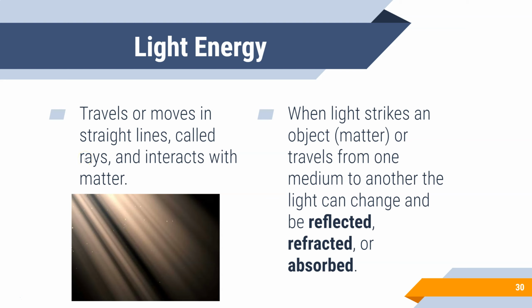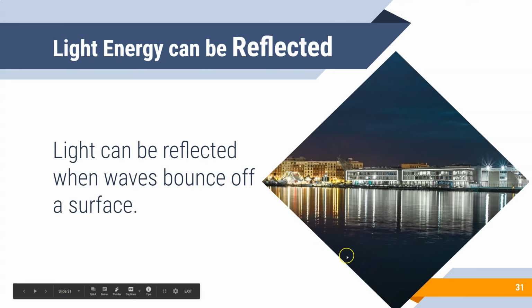So when the sun shines down on Earth, it's actually shooting out all these different sun rays, right? And when an object gets hit with some light energy, the light can actually change and be reflected, refracted, or absorbed. So let's talk about those three words.